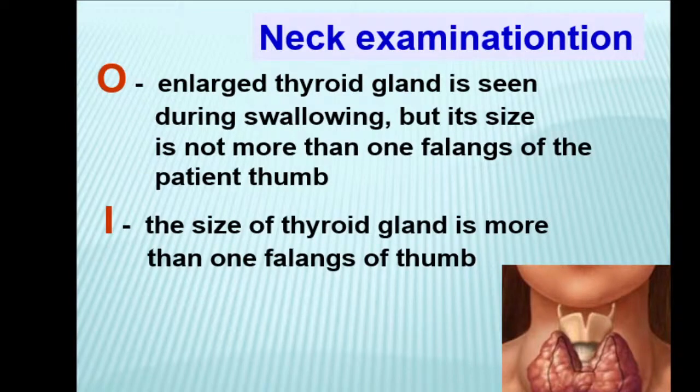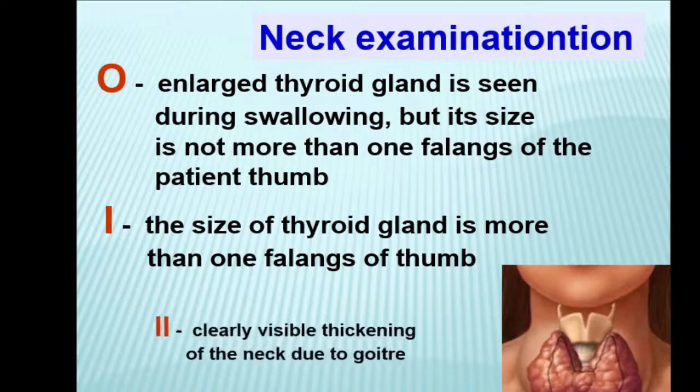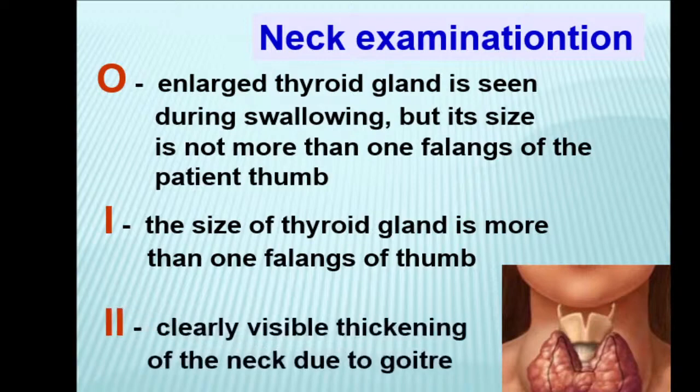In the first degree, the size of the thyroid gland is more than one phalanx of the thumb, and it may be slightly visible due to protrusion over the position of the thyroid gland. And second degree, when there is visible deformation of the neck due to formation of goiter.